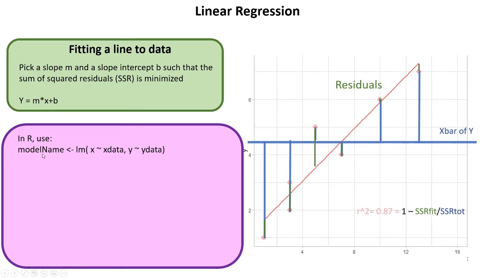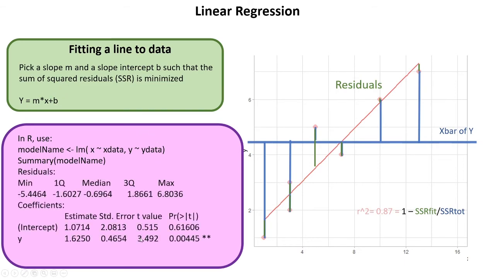Okay, so in R, more about this linear model function. X depends on X data, Y depends on Y data. You can use a summary and then the model name in order to get a summary of your different variables here. So what you should focus on here is M and B. M and B are your slope and your slope intercept for the line that is predicted from your linear model.